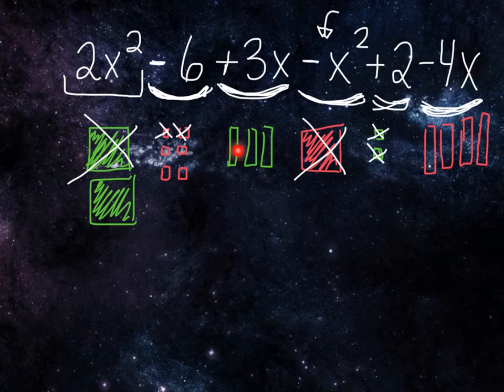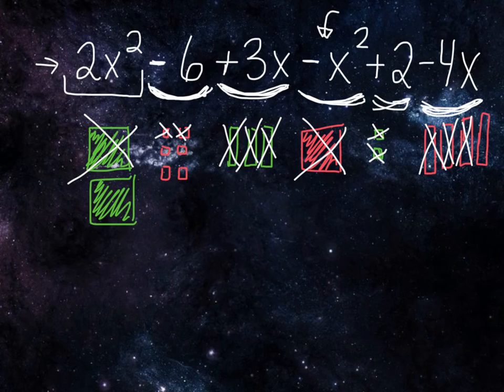So I can cancel out 3 of these greens if I take out 3 of the reds. 1, 2, 3. 1, 2, 3. Now all we need to do is look at what's left and turn it back into this format that we're used to. So, starting with our x squareds, we have just one left, and that is a positive x squared.